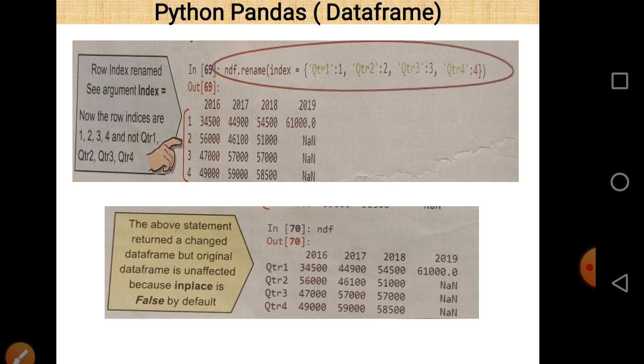It means that if we don't mention inplace is equal to True, the actual data frame will not change at all. That's why when we print the original data frame, QTR1, QTR2, QTR3 and QTR4 appear there. It means there is no effect at all in the original data frame.